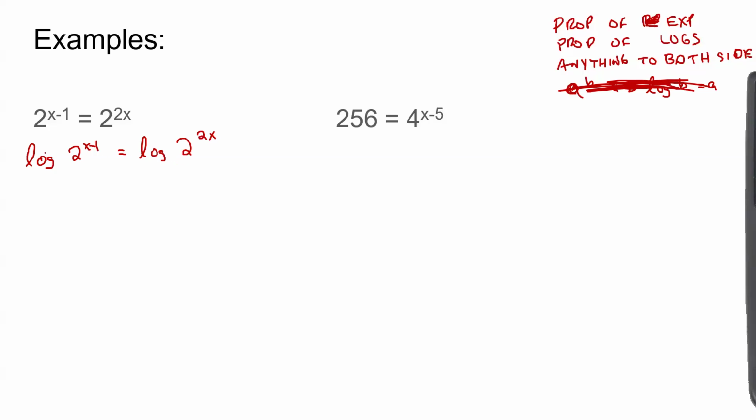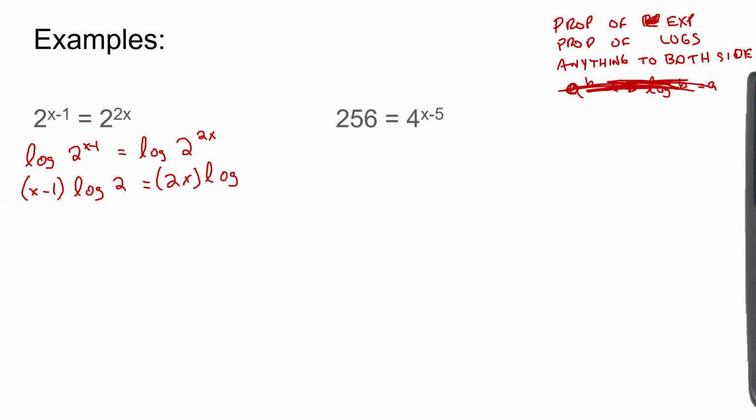Now I've got the logarithm of a base to a power. So I could use the power rule and take that x minus 1 out front. I'm going to put it in parentheses here just to make sure it stays together, and have the log of 2. And over here, I could apply the power rule to this side, take the 2x out front, and here's a log of 2.